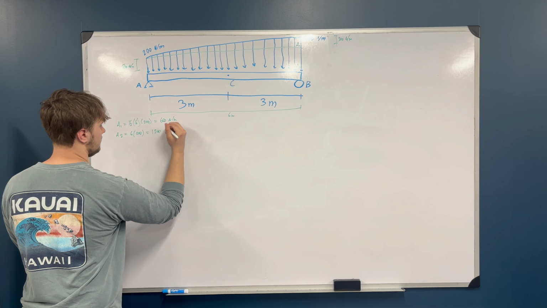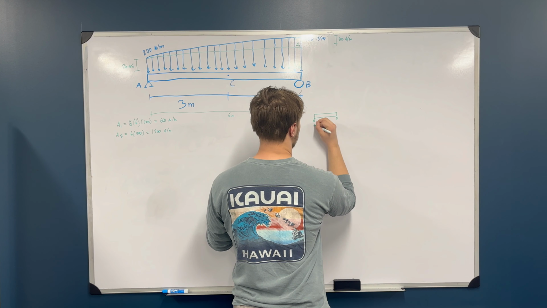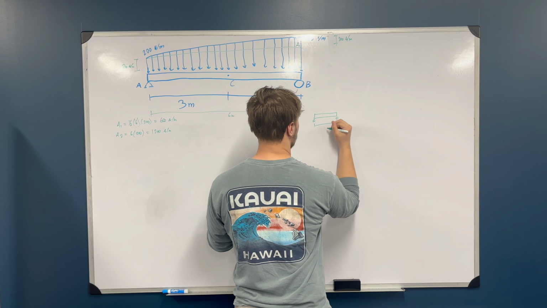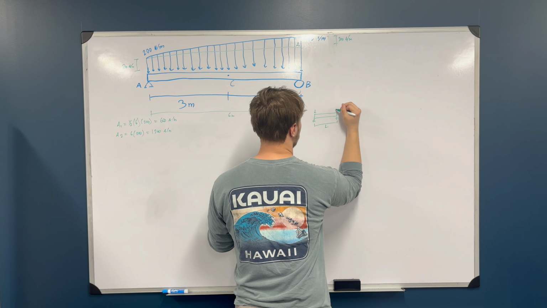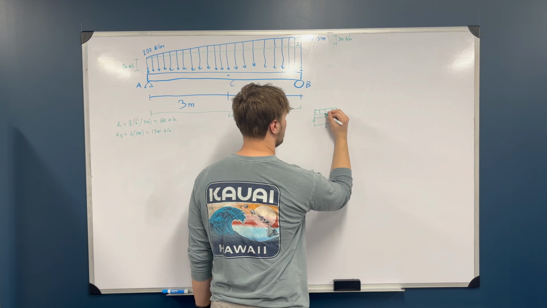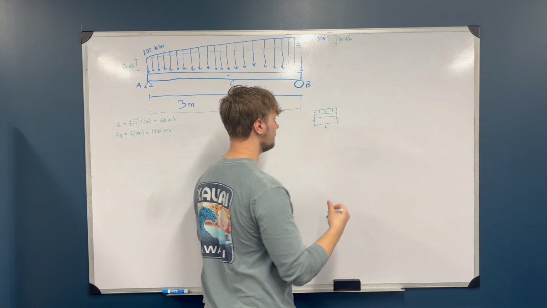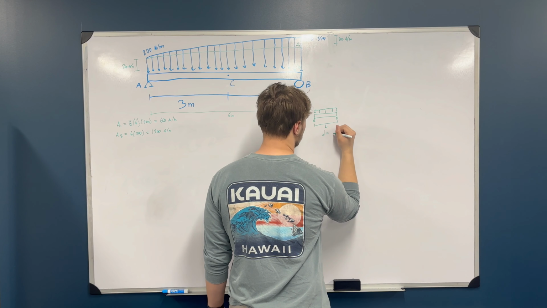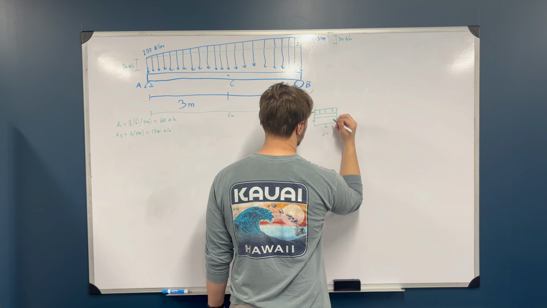For a rectangular distributed load, I'll quickly draw this for you. To find D, where the load is acting, you take the length and divide it by 2.